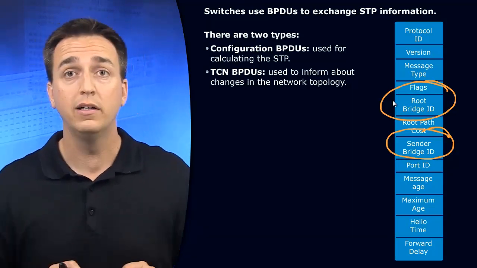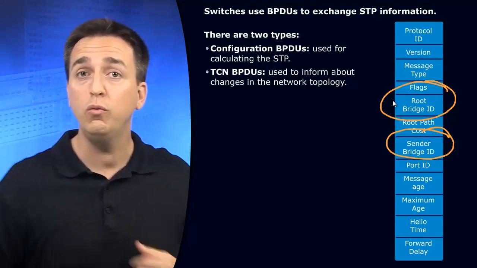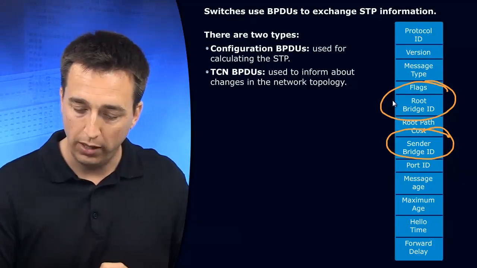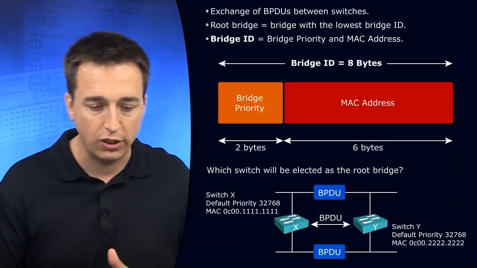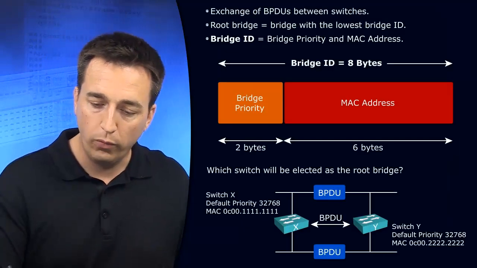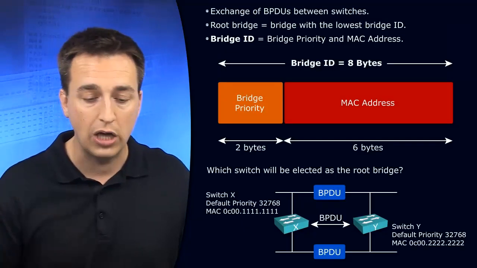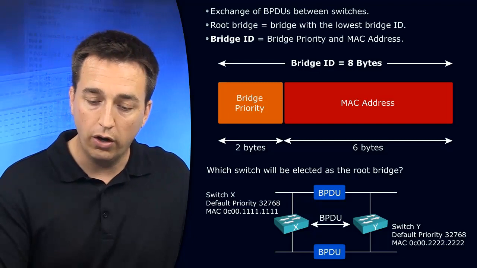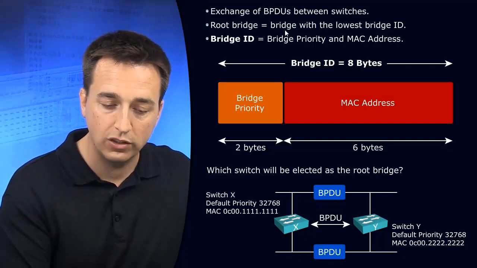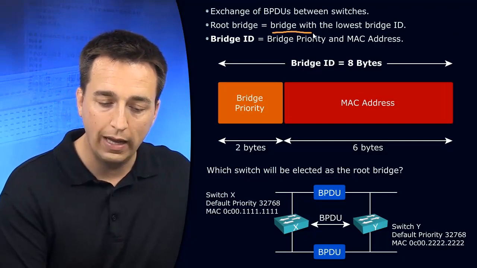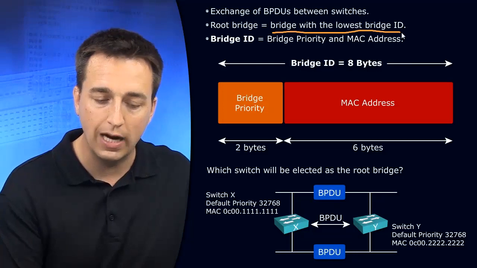I agree. So therefore, we now have a new root bridge in the particular topology. So how does this election work? Well, the devices are going to compare the bridge IDs and ultimately look for that switch with the lowest bridge ID.